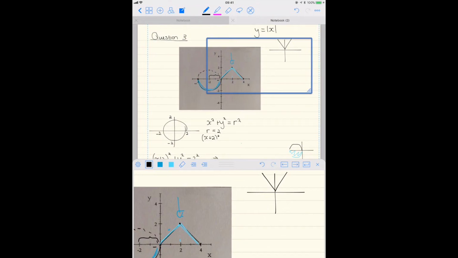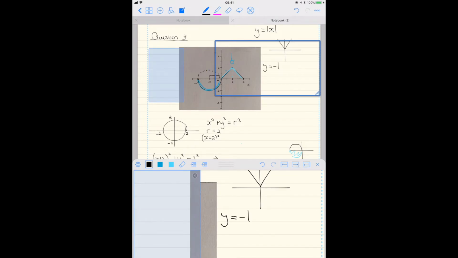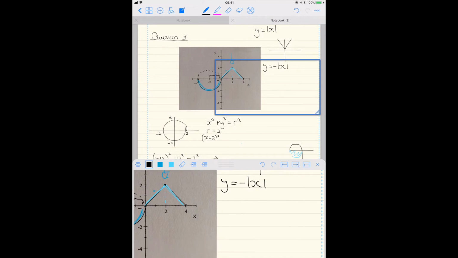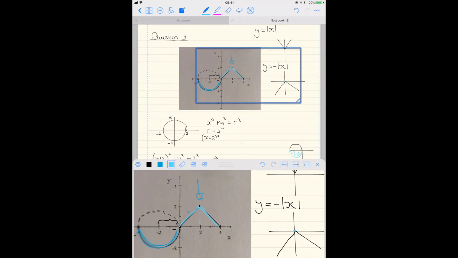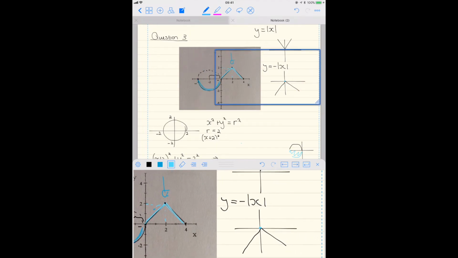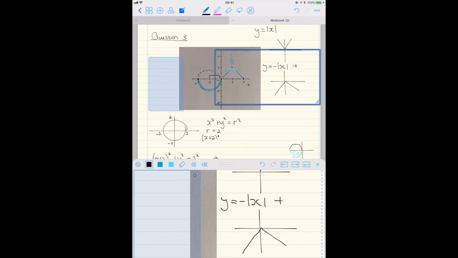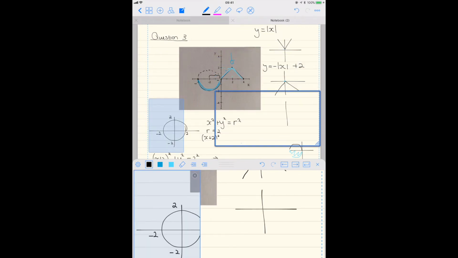Now you can see that this has been reflected. So then if we say y is equal to minus the absolute value of x, we will have this. But now you can see that this point here has been moved up to 2. So then we would say this is plus 2 over there, and we will have this graph here.